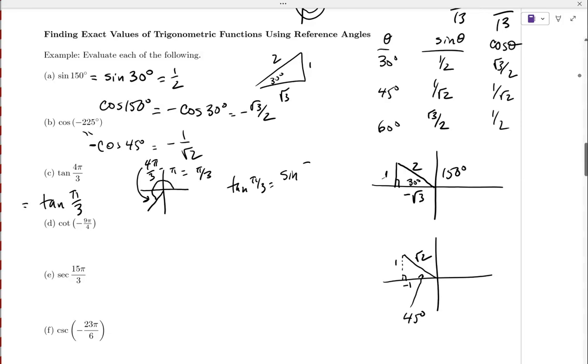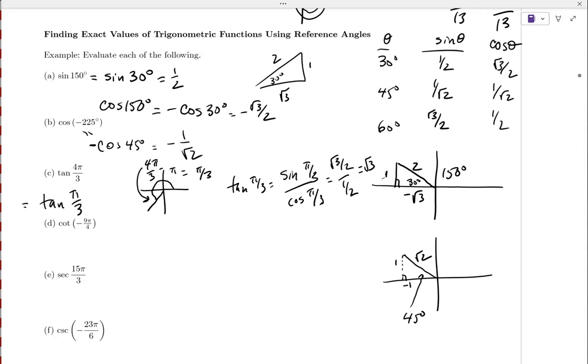That would be root 3 over 2 over 1/2, and if you simplify that, you get root 3.